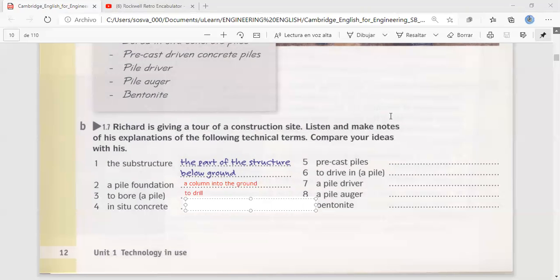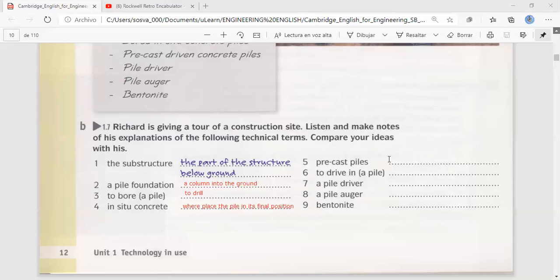Yes. In situ concrete, it's when you place the pile in its final position. I mean, you're not going to move it anymore. That's in situ concrete. Exactly. The next one, please.